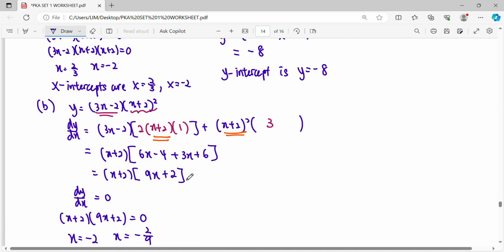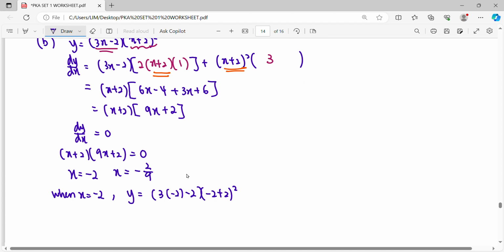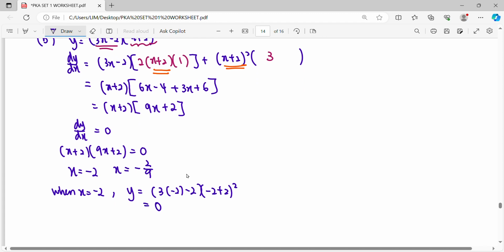Try to calculate your y coordinate. So we can notice that this is 0. Another critical number, x equals negative 2 over 9. What is your y?